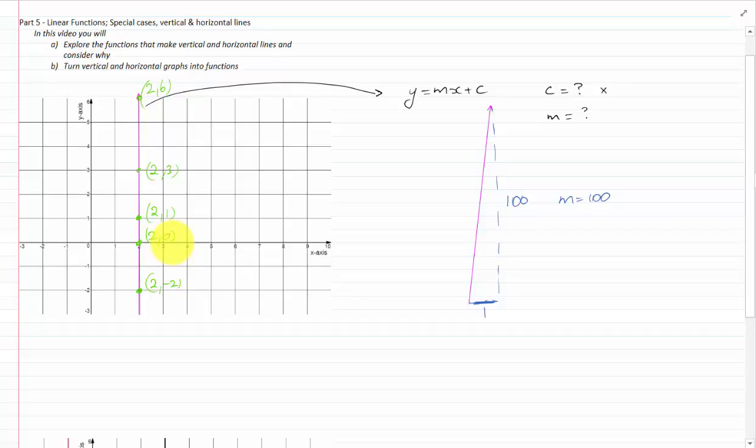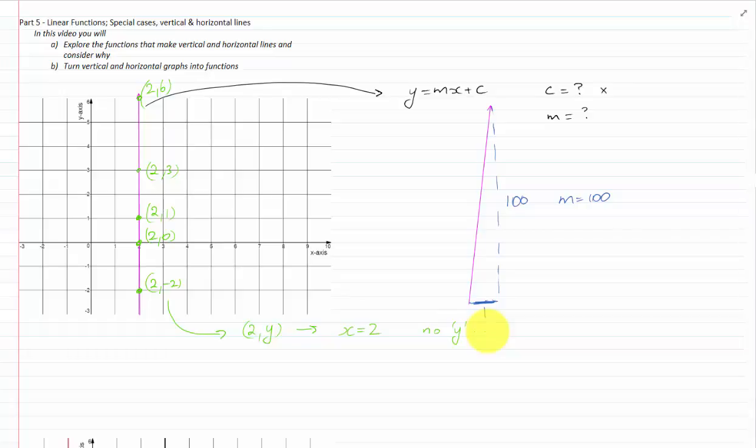What I want you to see is that each coordinate is 2, some y value. And this actually means that a vertical graph has x equals 2. That vertical straight line defines every point where x equals 2, and there is no y value. So therefore there is no y-intercept, and because it's just x equals 2, there is no need for a gradient.